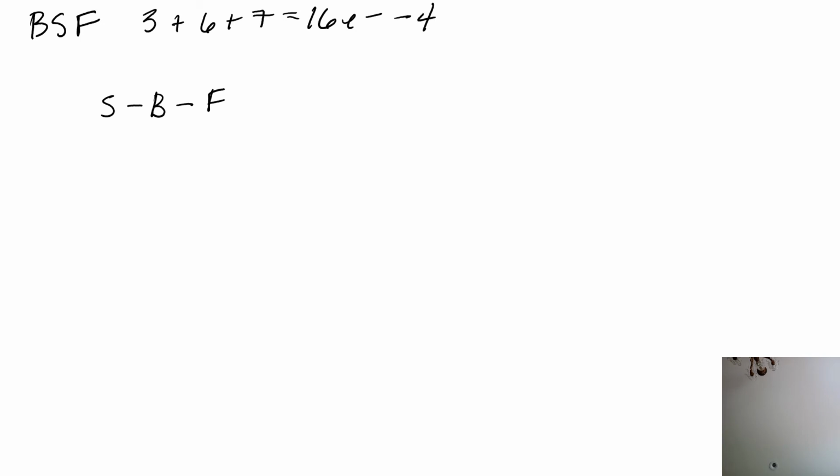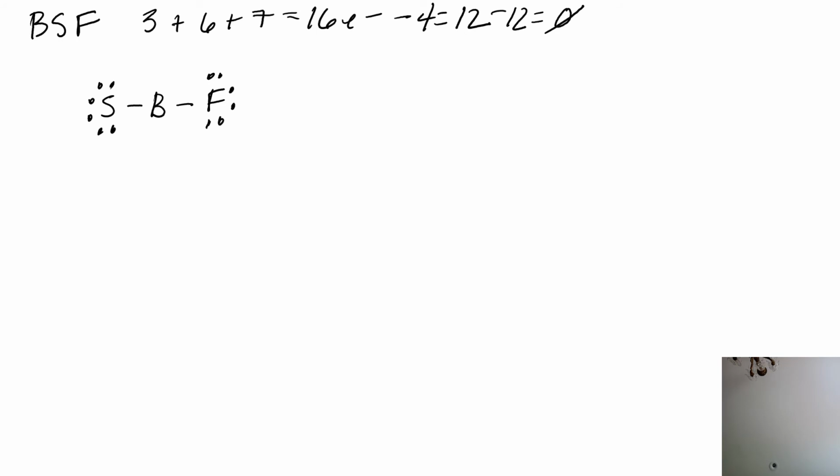Use 4 electrons, have 12 left, and we're going to give the terminal atoms an octet first, using up all of our electrons. Now, that means that somebody's got to share a pair of electrons with boron. Will it be fluorine or sulfur?